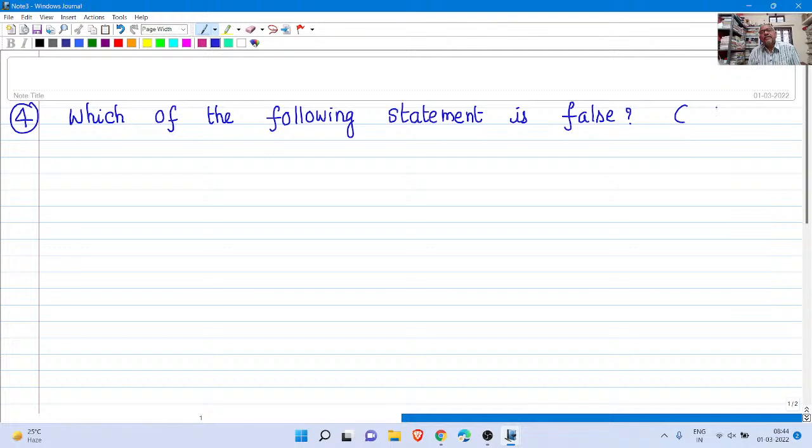These questions actually come under reasoning and proof questions. Okay, Raju, so which of the following statements is false?